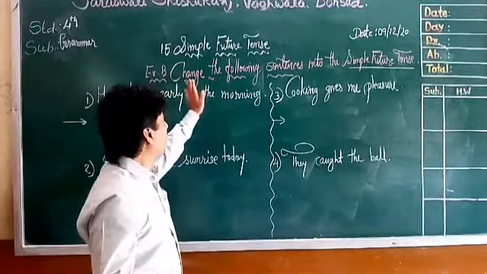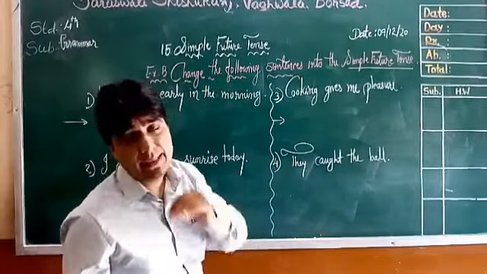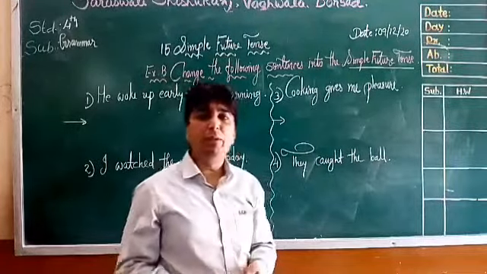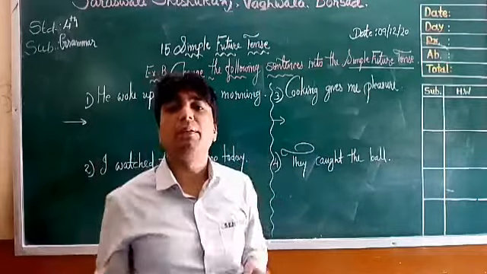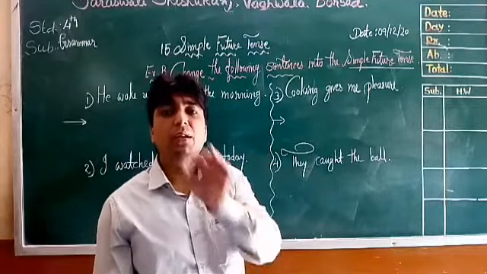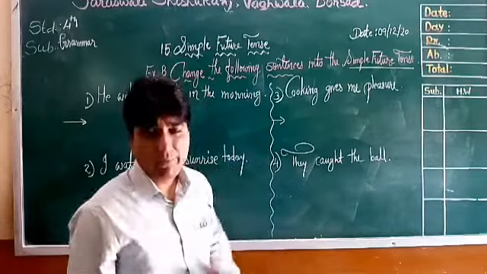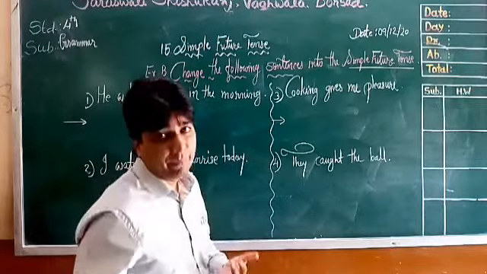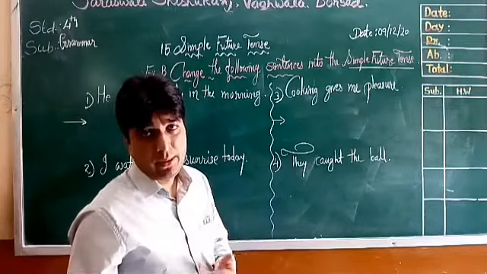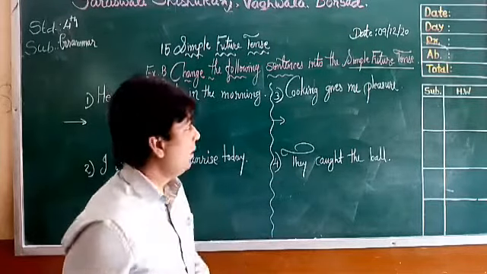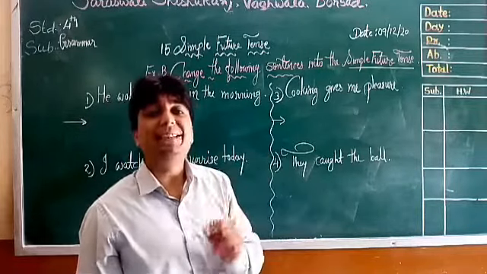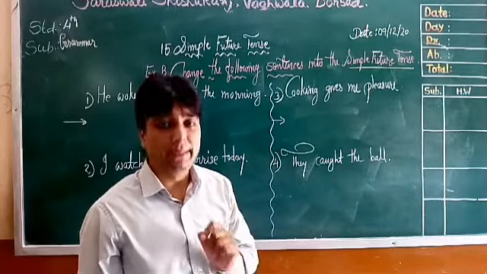So we have to change the sentences into simple future tense, and to do that we need to remember the formation: subject, will, verb 1 plus object. Finish. Now let's have some more idea how to convert the sentences into simple future tense. And again I am telling you, whenever you have any question, please read the instructions twice.